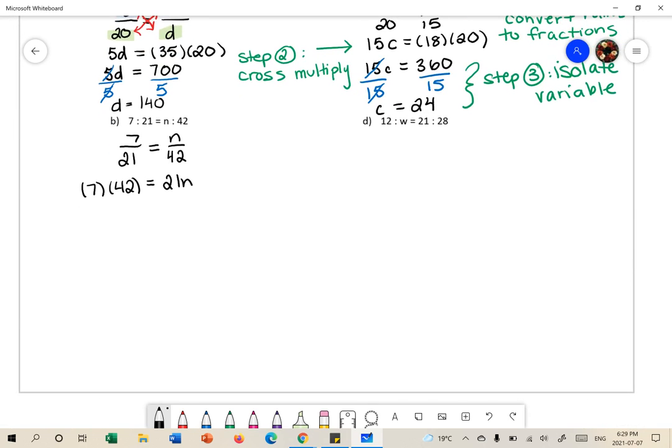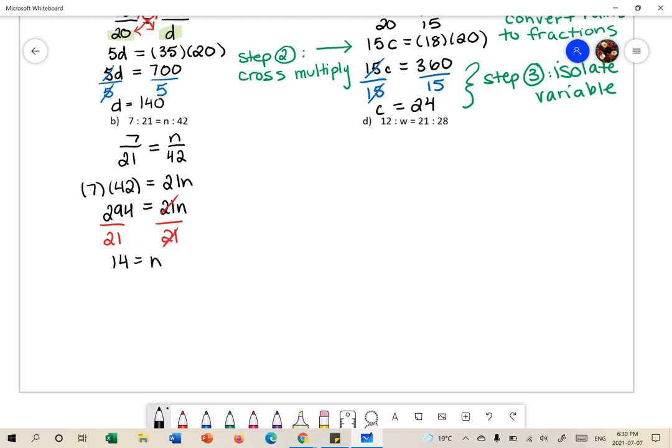This time my variable is on the right side, which is fine. 7 times 42 is 294, which is equal to 21n. I'm going to divide both sides by 21. 14 is equal to n.